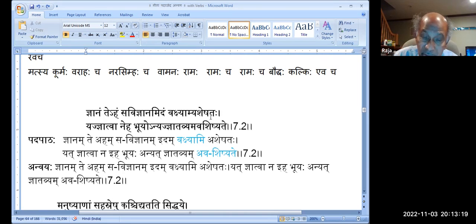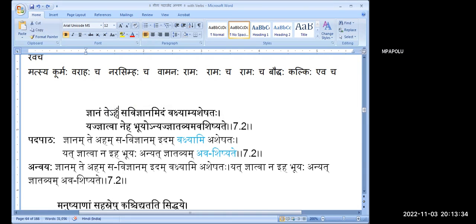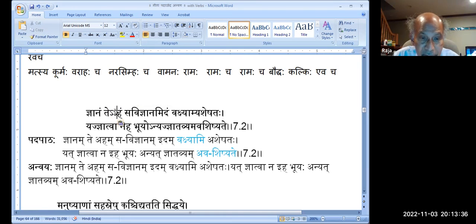But that's why the moment you see an avagraha, it immediately means there is a loss of short a. Sometimes you have two avagrahas. We saw that also. And that means it's a loss of two a's or long a. There you go. These are things that help us.